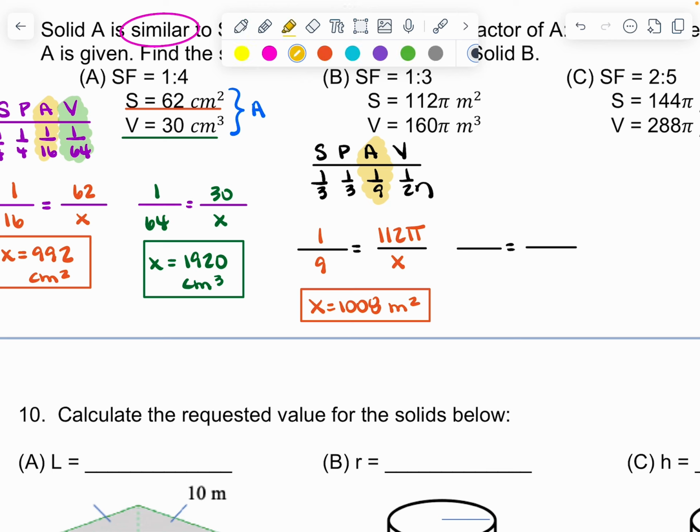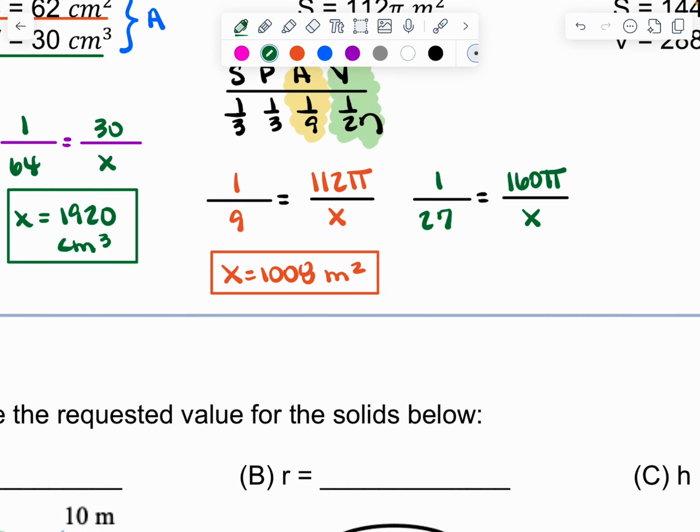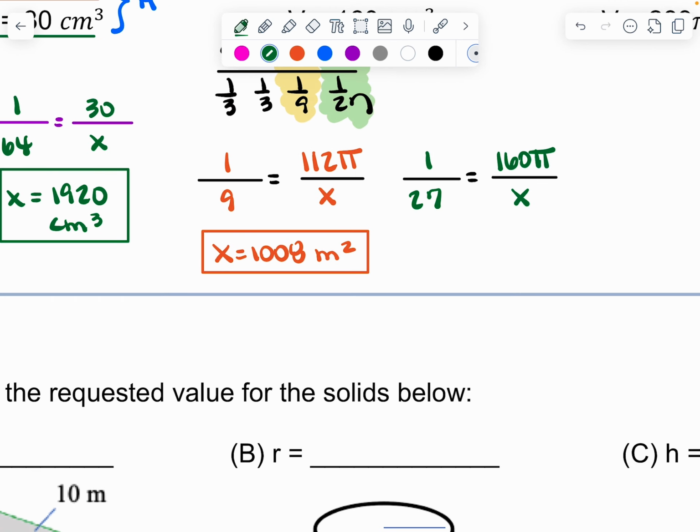Again, it's just the same process over and over. SPOV chart, proportion, solve proportion. Okay, and then we need our volume. Well, if I'm solving for volume, I must have the volume ratio, which is 1 to 27. So if A is 160 pi cubic meters, then how many cubic meters is B?